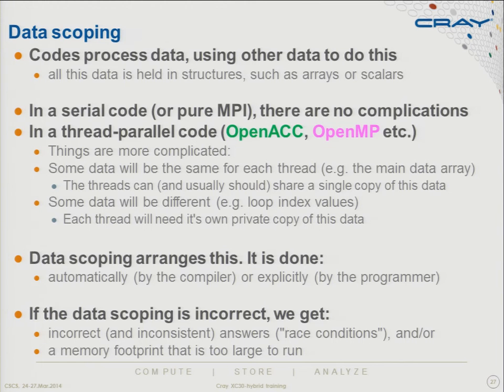And you don't really want a separate copy of this array for every thread, because each thread is only going to process a portion of the array, and you just saturate your memory. So some array data you have to say is shared between all threads. How do you do all this? Well, you do this with something called data scoping. The compiler does some automatically, or the programmer can do some explicitly. If you don't get it right, you'll either have a code that uses far too much memory, or a code that gives incorrect answers.